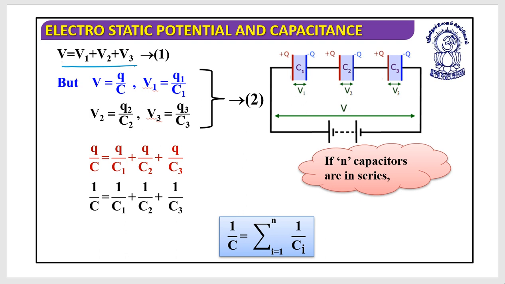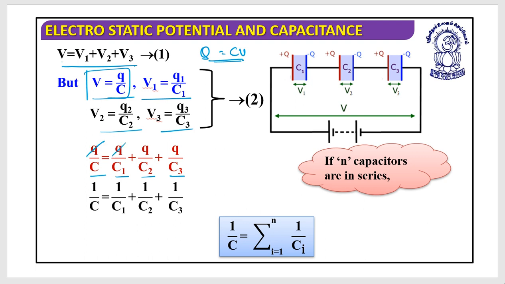Now we know that q equals C into V, so V equals q by C. Accordingly, V1 equals q by C1, V2 equals q by C2, V3 equals q by C3. Putting in the values, q by C equals q by C1 plus q by C2 plus q by C3.